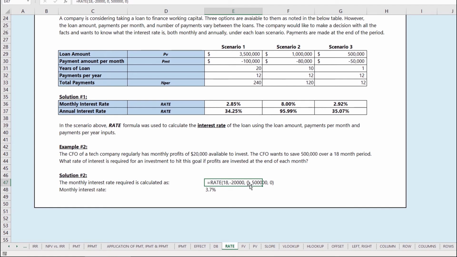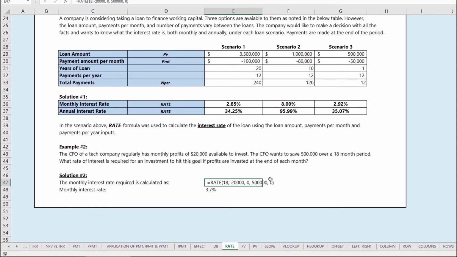The present value is 0 because we haven't invested anything yet. The future value is $500,000 because that's the amount of money that we want to have at the end of the 18 months. And we put in 0 for type because profits are going to be invested at the end of each month when the company has generated the profits.